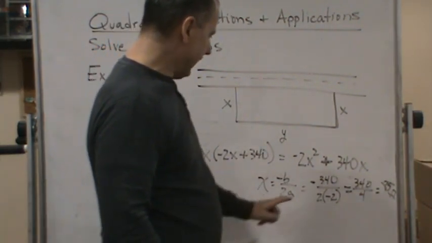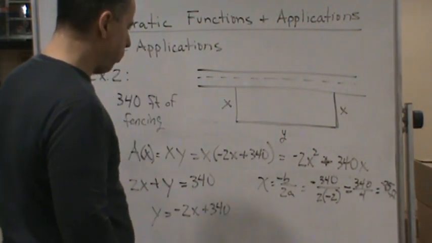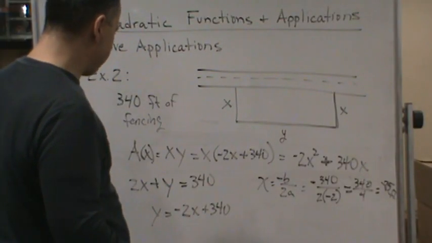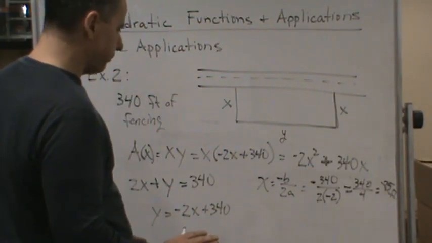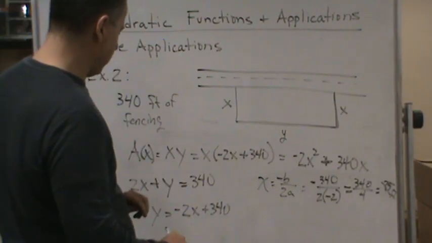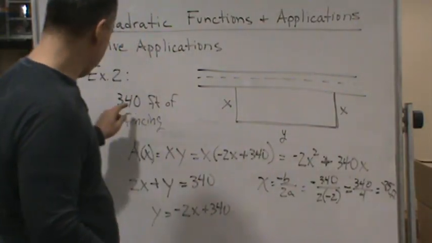If this is 85, what's the other dimension? Without doing more calculations, let's use what's given to us. We know the sum of the three sides has to be 340 feet.